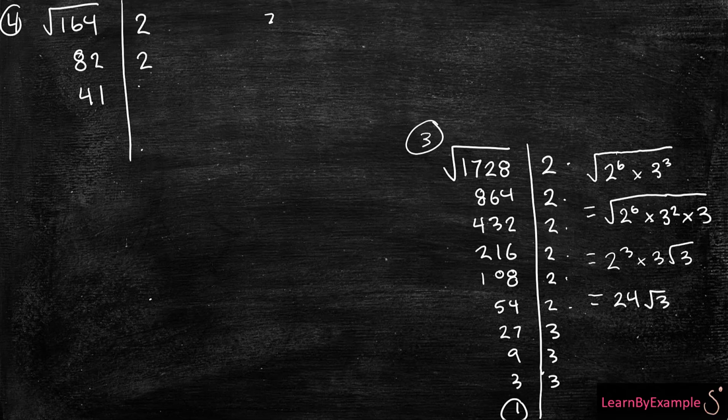So 41 is actually a prime number, so we can divide it by 41. That gives us 1. And we would write this by saying square root of 2 to the power of 2 times 41, which is equal to 2 radical 41. That's all for today.